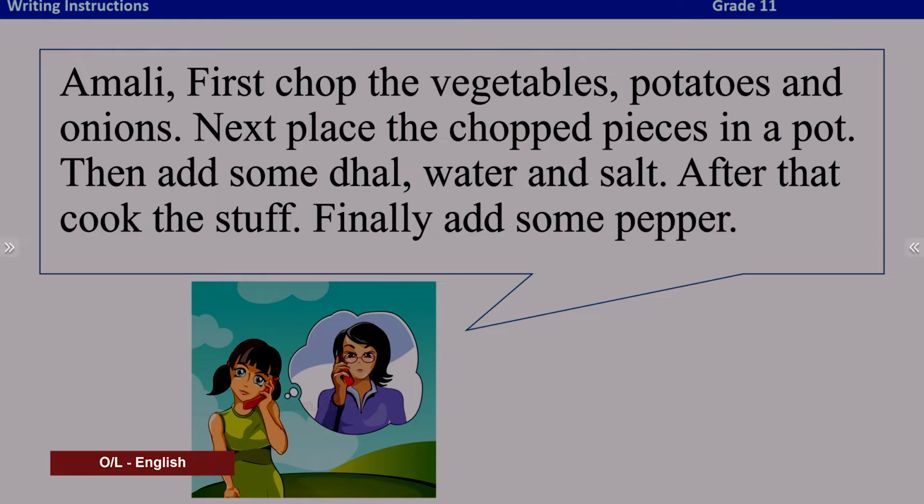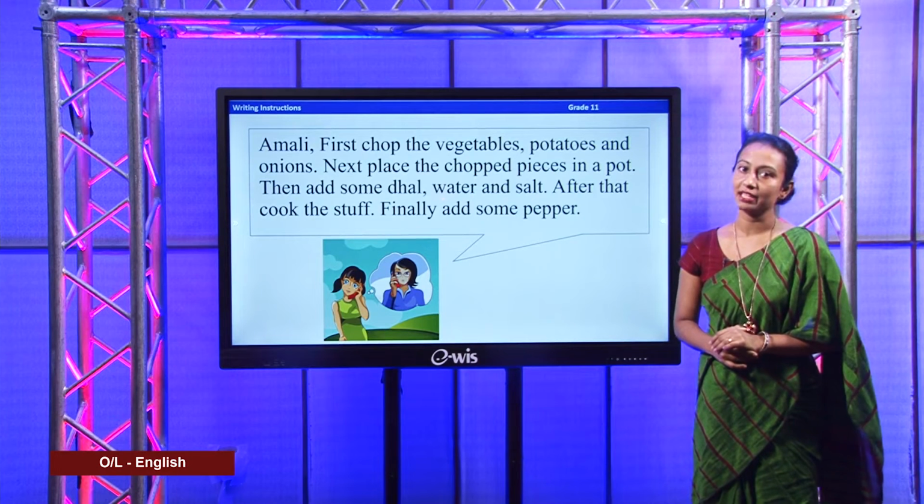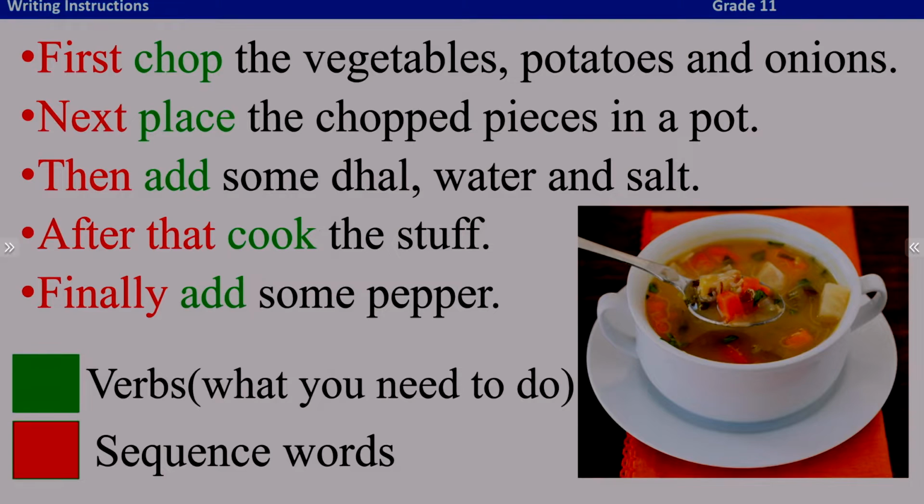Now we are going to have a look at the instructions given by Amali's mother again. Here you can see I have marked some words in green. Those are the verbs. Verbs say what you need to do. Children, can you see I have marked some words in red?